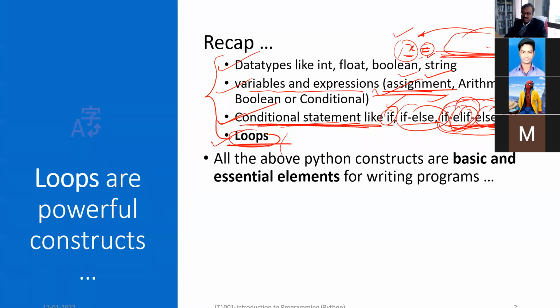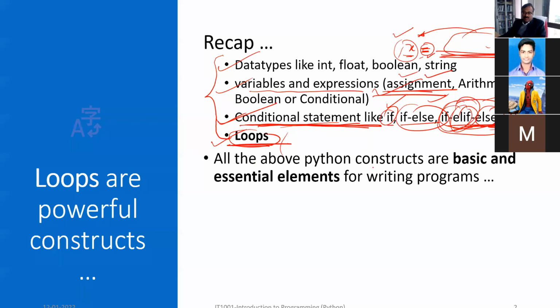Very soon in this lecture, we are going to discuss the different kinds of loop constructs available in Python, and how we can use them to solve those scenarios where loops can be useful.